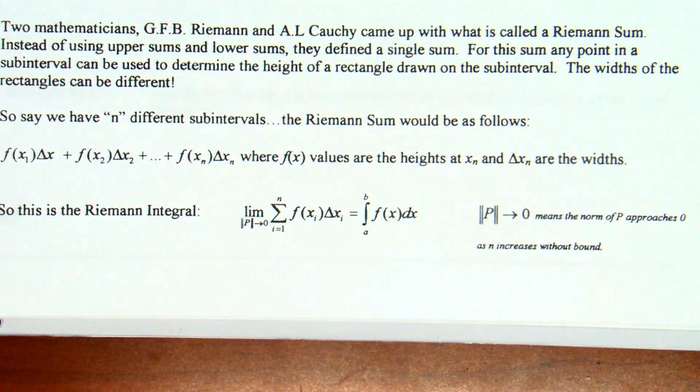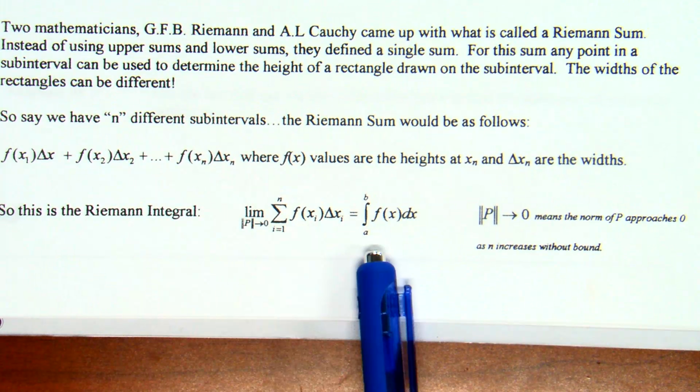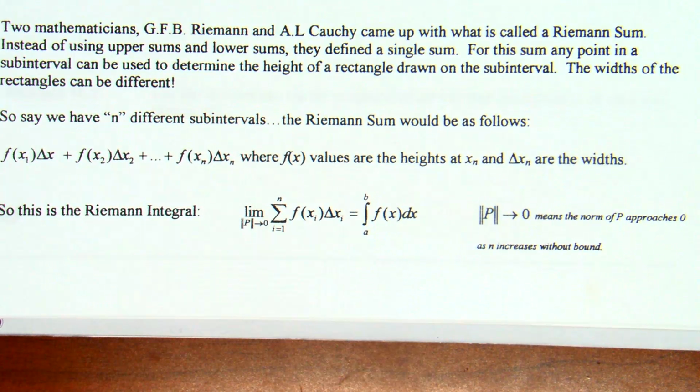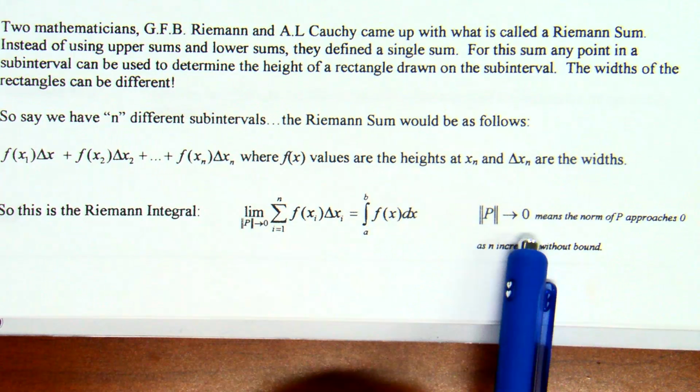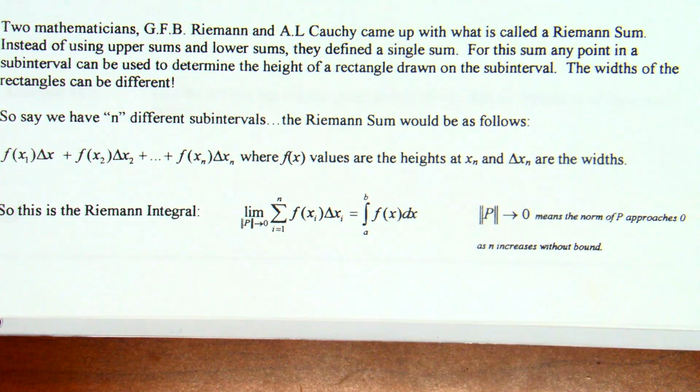So this is saying the summation of those widths times those heights, the limit as p approaches 0 of that sum, is equal to the integral from a to b of f of x dx. Do notice here that p approaches 0 means the norm of p approaches 0 as n increases without bound, which takes you more into a statistics version.